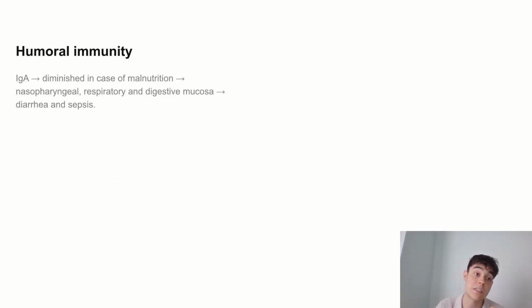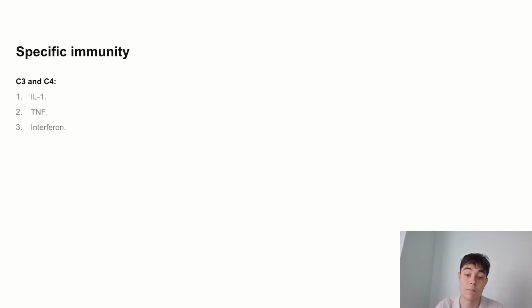So if we have this immunoglobulin decrease, we can see diarrheas and sepsis. Okay, in malnourished children. The higher the biological value of protein ingested, the greater the capacity of B lymphocytes to respond to the immune stimuli.